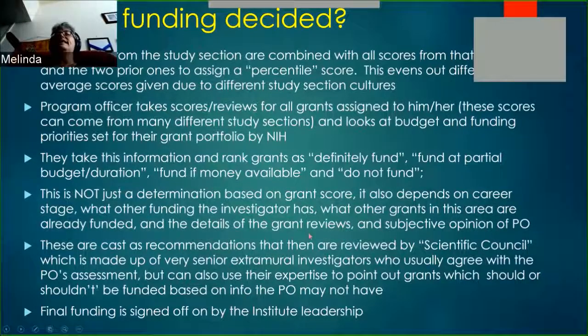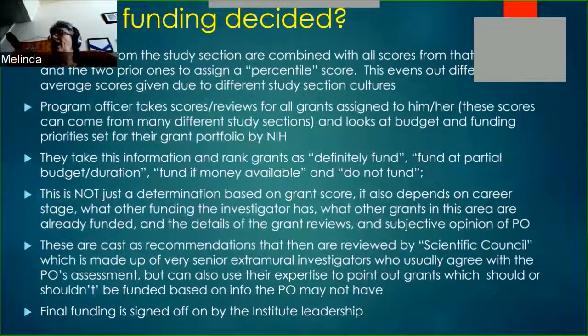It also is the details of the grant reviews. Sometimes the reason a grant didn't score well or really, really highly might have to do with something that the program officer doesn't think is a significant reason. So there's a huge part of the subjective opinion of the program officer here.